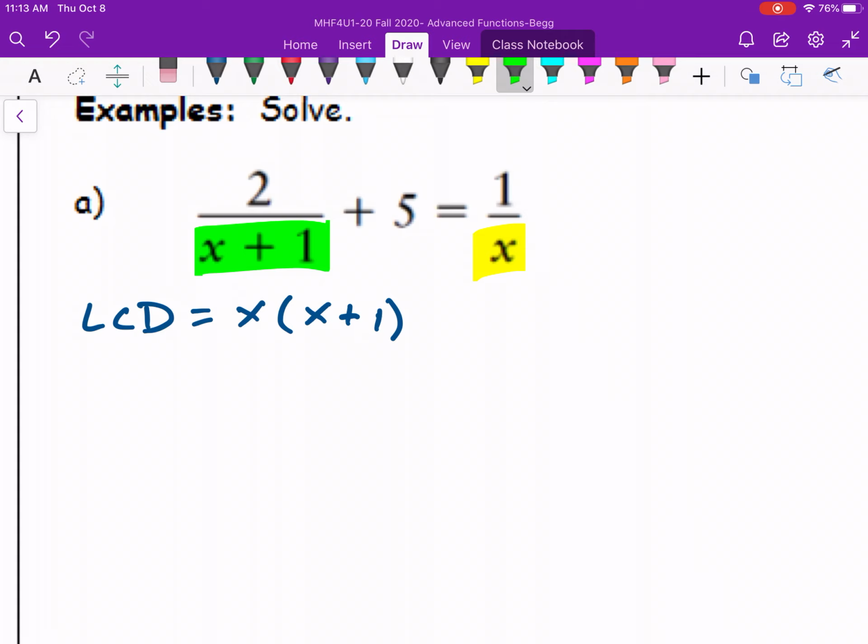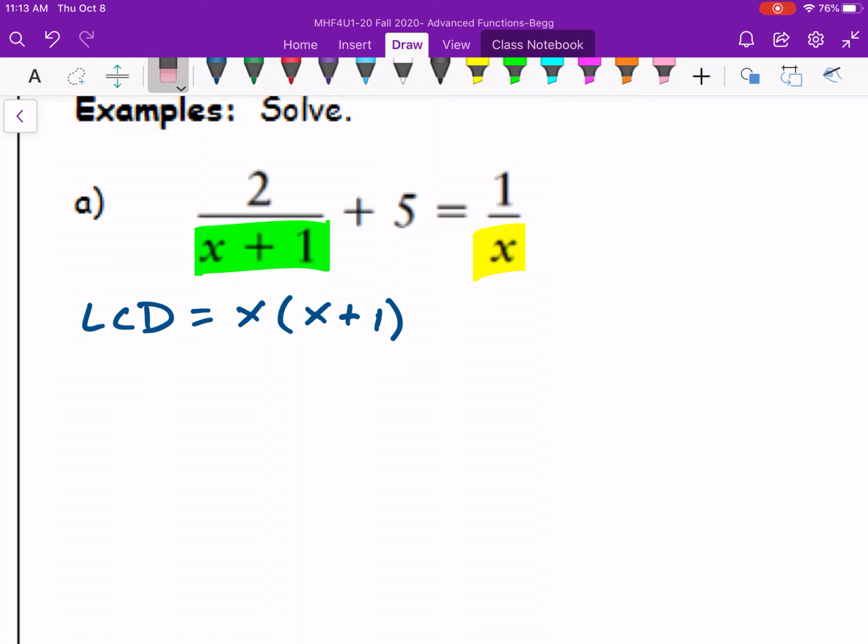So my common denominator can't be just x plus 1, because x doesn't divide evenly into x plus 1. Those are 2 different terms, so I have to multiply them together to get my common denominator.